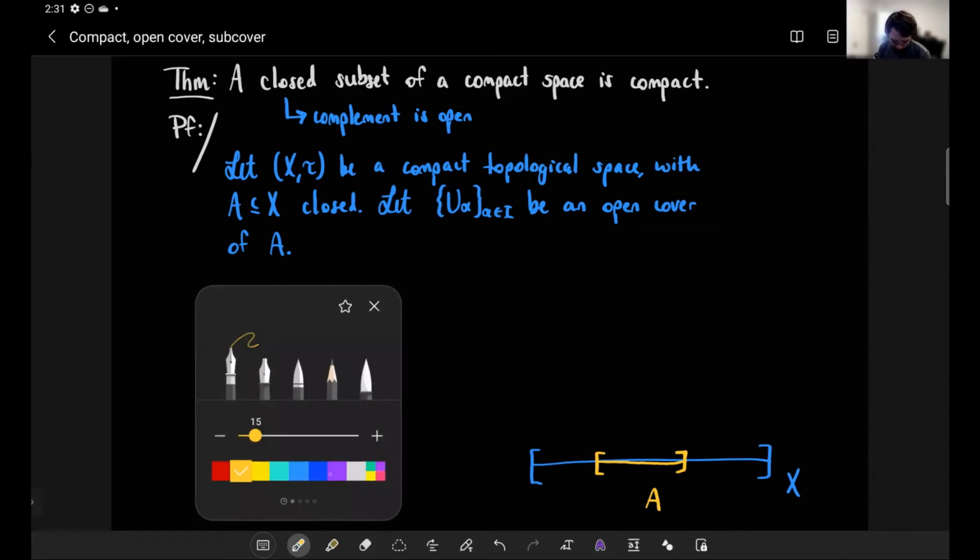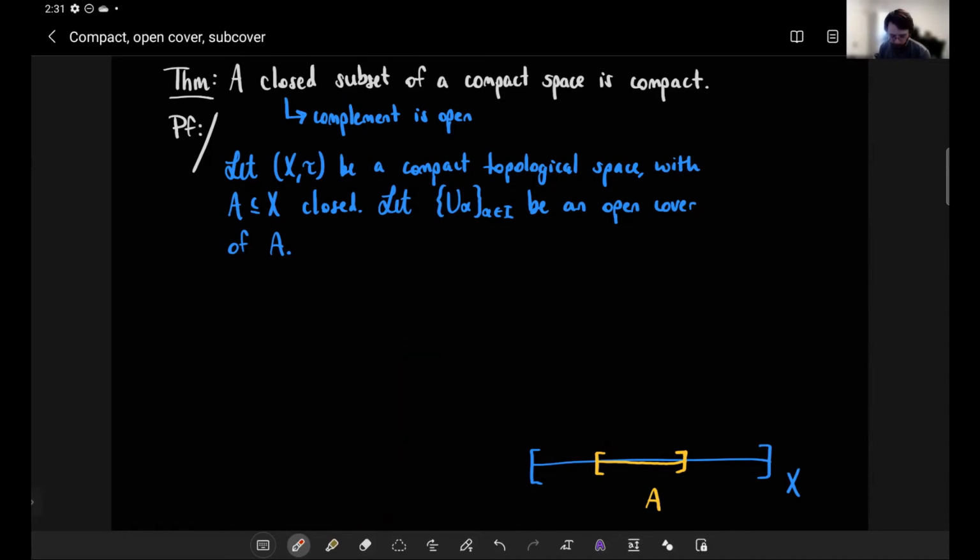If we do have some setup like this, then what can we do? Well, we want an open cover of A. So remember, an open cover might spill out into the surrounding space. So I might have this set, and I might have this set. Maybe there's a tiny one here. Let's actually draw this differently. I'll draw them above so they're not really overlapping. Okay, something like that is my open cover.